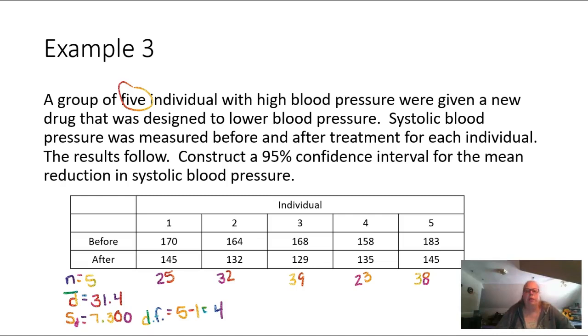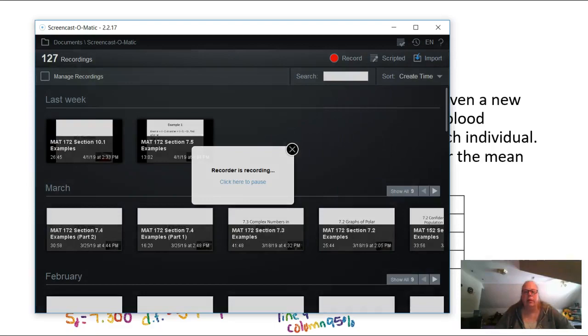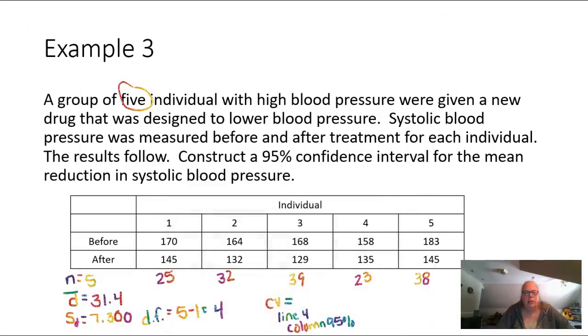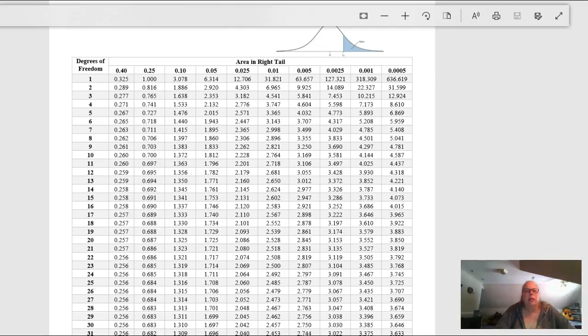Okay, coming over here, the critical value, and we are going to be looking at line 4 and column 95%, and we're going to try and figure out where these overlap one another. And let's see, here we are, line 4.